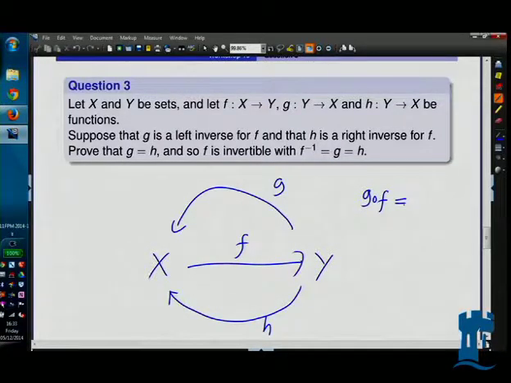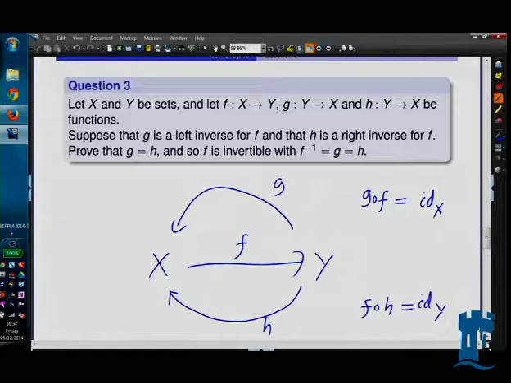G composed with f means you do f first, and then g, and that brings you back into x, and so that one is going to be the identity on x. And h is a right inverse for f, so if you put h to the right of f, that means you're doing h first, so you start at y, do h, then you do f, which comes back to y, and because it's a right inverse, that's going to be the identity map on y.